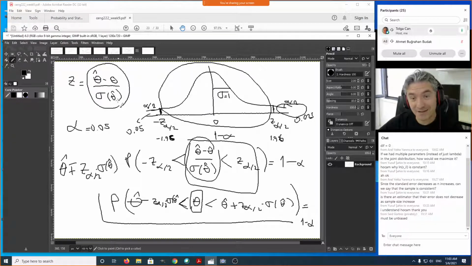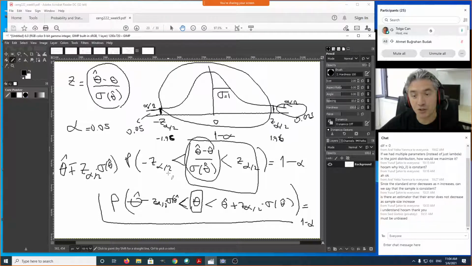We first standardize our asymptotically normal estimator. After we standardize it, we have a standard normal variable. And we want to find the interval which contains 0.95 of the population of this standard normal variable.